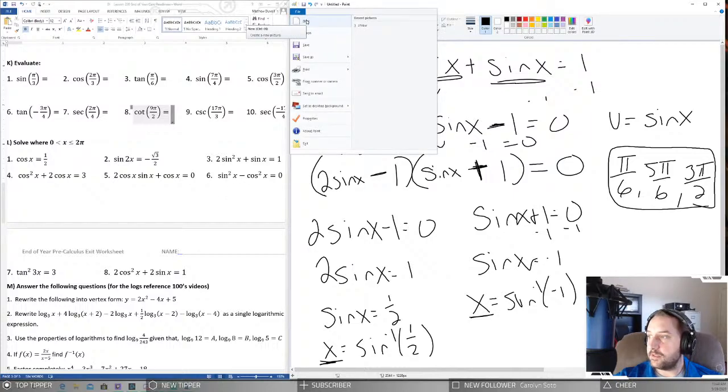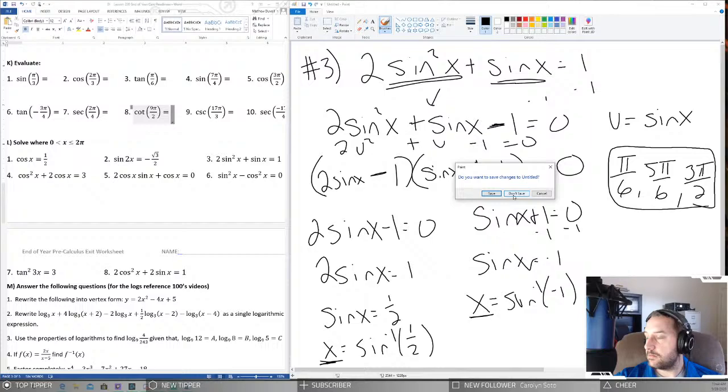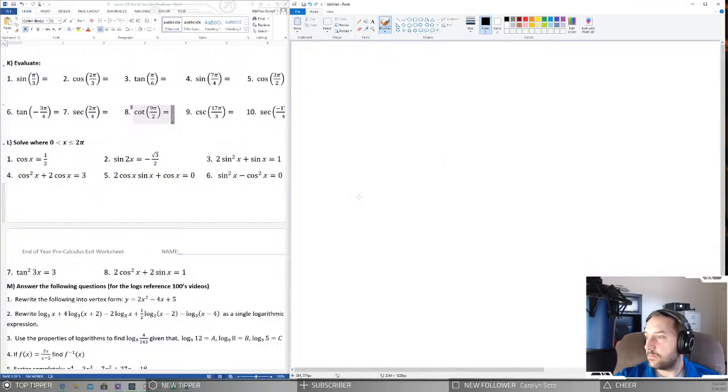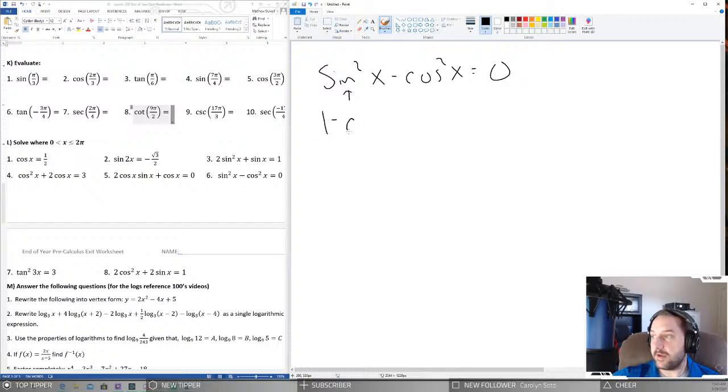Just a few of these. Like number 6, because I have sines and cosines and they're squared, maybe I should change my sine squared x into 1 minus cosine squared x. That's an identity.